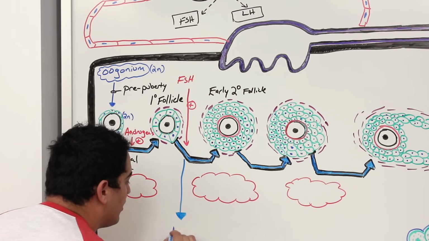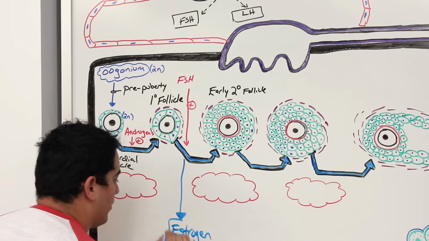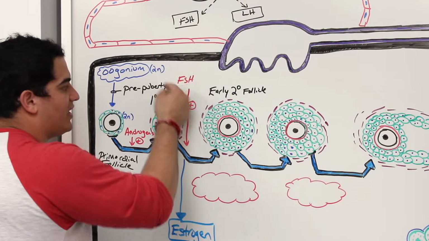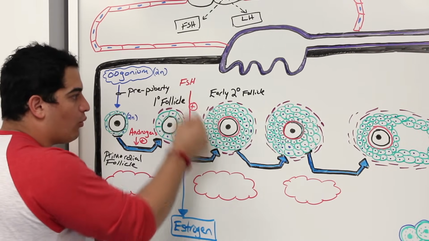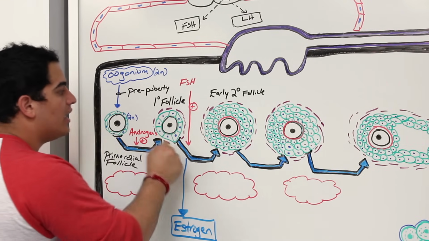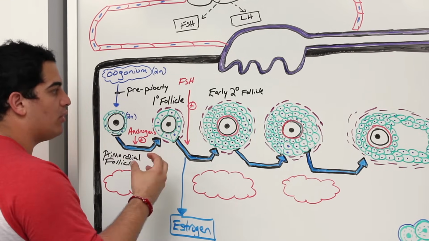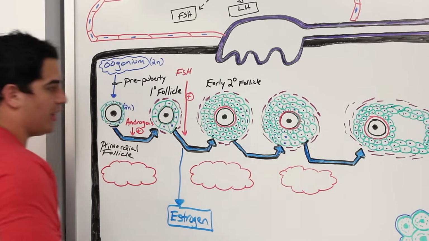They're producing estrogen. Okay? So let's go ahead and recap this one more time. What's this FSH doing to the primary follicle? It's stimulating these primary follicles to undergo replication, make multiple layers, stimulates it to produce a glycoprotein membrane around it called the zona pellucida, and it also causes the production of estrogen.